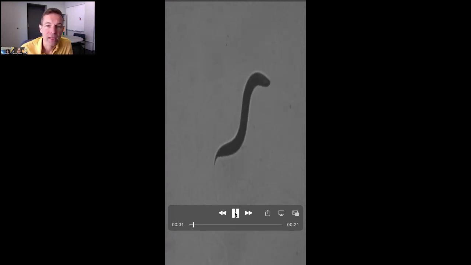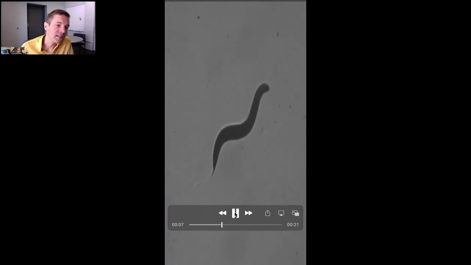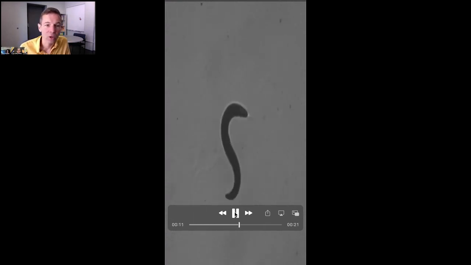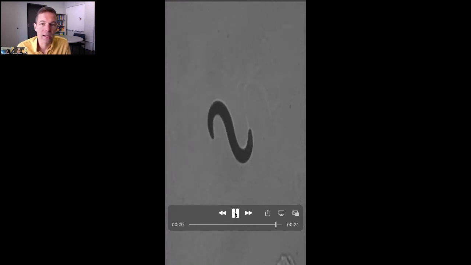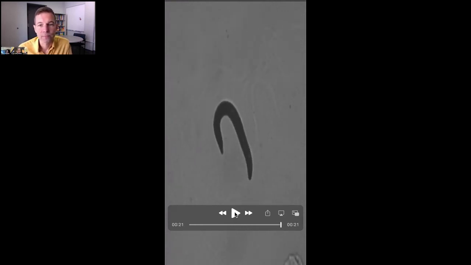So let's look at this again. Forward has this sinusoidal motion. Around 9 seconds, it transitions to moving backward in these deeper body bends. And around 15 seconds, it pauses briefly for 1 or 2 seconds, and then it continues moving backward.